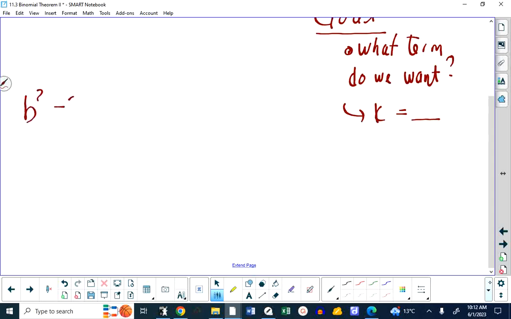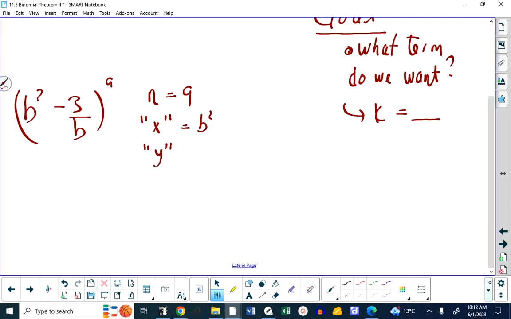I'm going to make a note here that n is 9, x is b squared, and y is negative 3 over b. Does that summarize the binomial expansion before it's expanded properly?